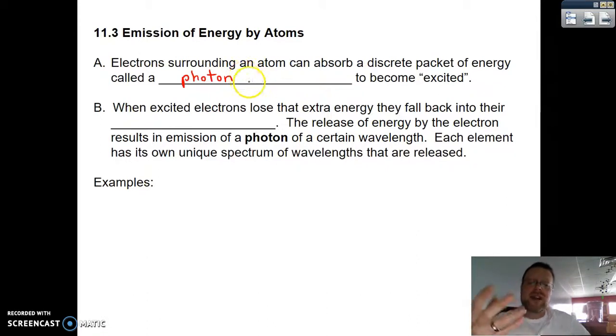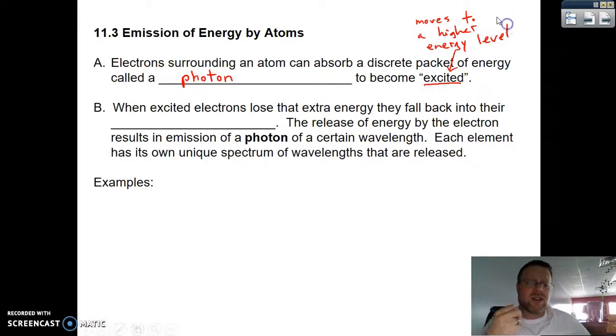Now, if the electron takes in that photon, it's going to become excited. And basically what that means when we say excited is that it moves to a higher energy level.